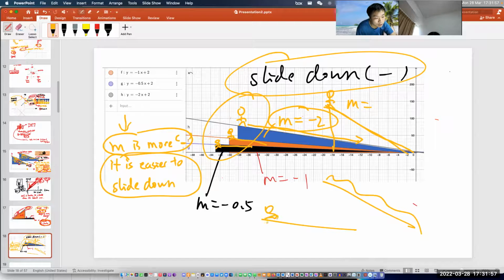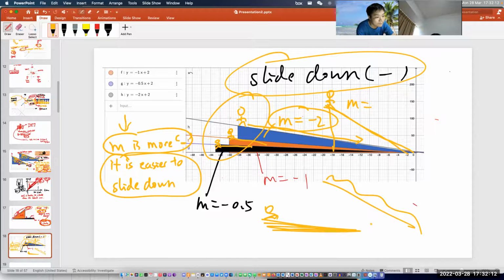No children like to play with the flat surface one, because they say no kick, no feeling. So go and play some of the slides at the playground.